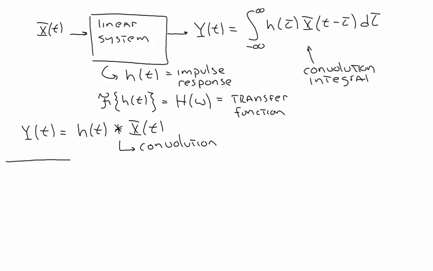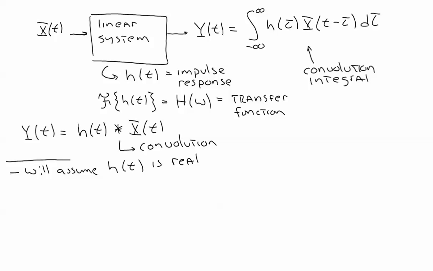So let me put some boundaries on what we're going to be discussing. First of all, we are going to assume, for the time being, that my impulse response is real.